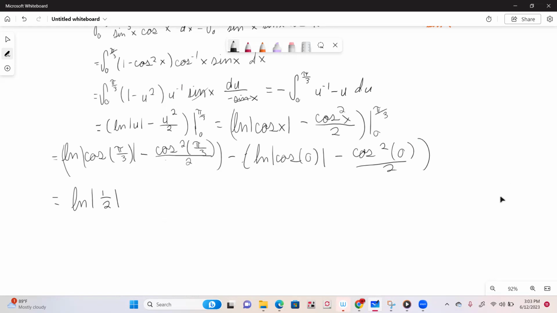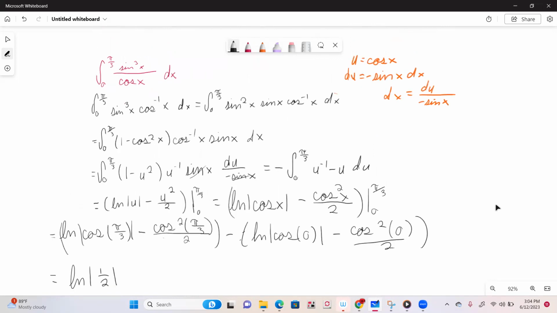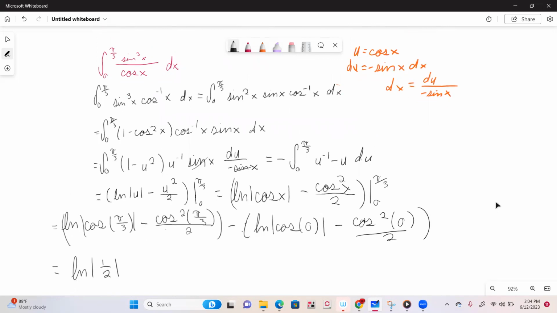Oh, shoot. I'm sorry, I messed something up with the signs. Okay, so sorry, I forgot that I had this minus sign out here, so it actually got multiplied through here.